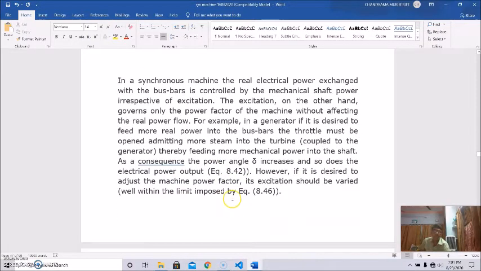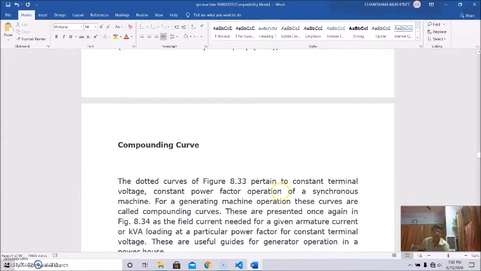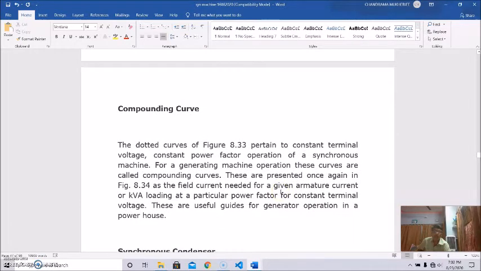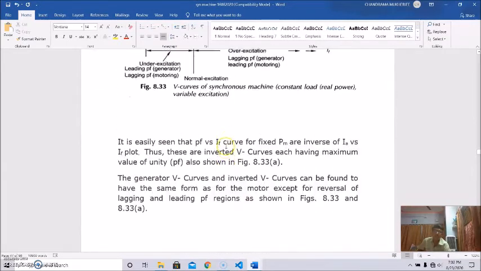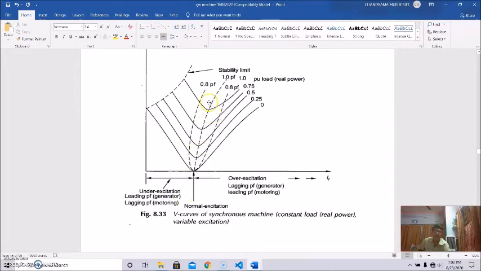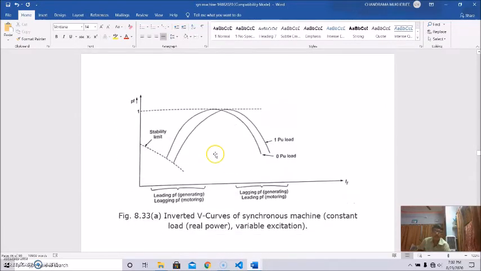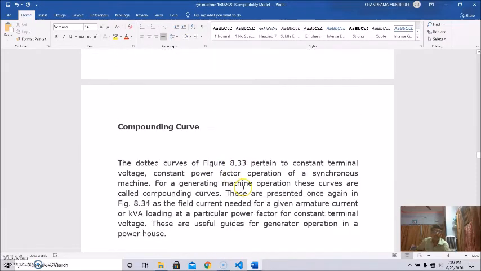However, if it is desired to adjust the machine's power factor, its excitation should be well within the limit imposed by equation 8.46. So the dotted curves of figure 8.33 are actually the compounding curves, basically part of the constant terminal voltage, constant power factor operations of a synchronous machine.